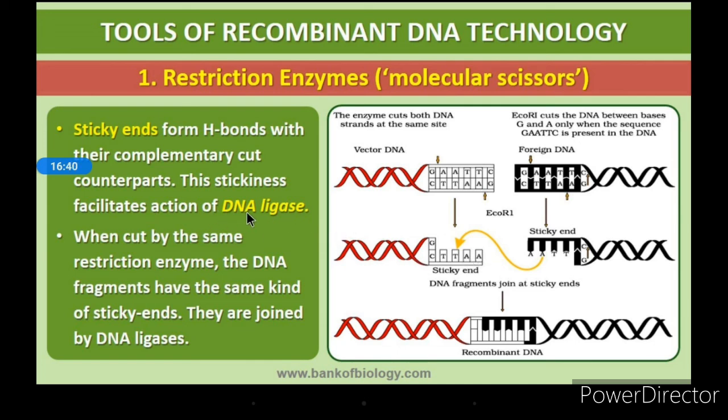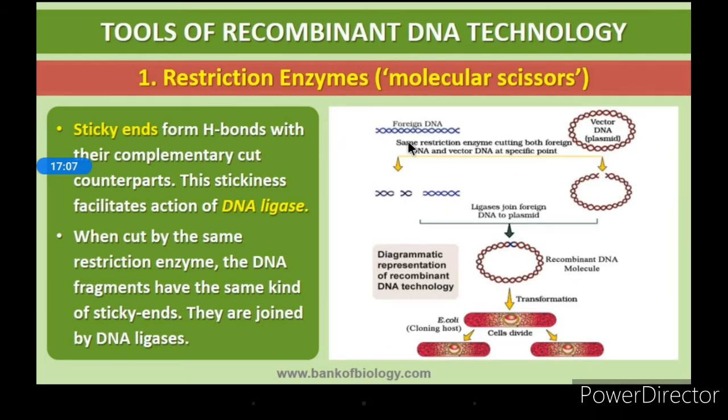That is DNA ligase. DNA ligase helps in attaching the vector DNA to the foreign DNA. It acts as a glue in attaching the vector DNA to our foreign DNA. And at last we get recombinant DNA.